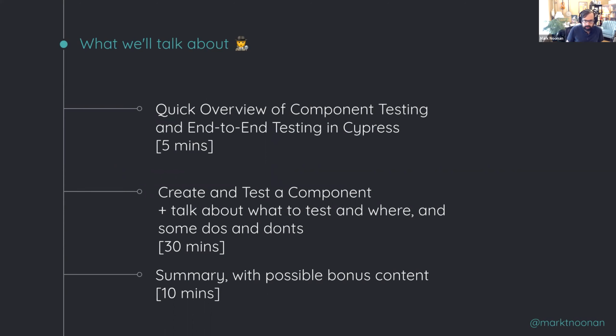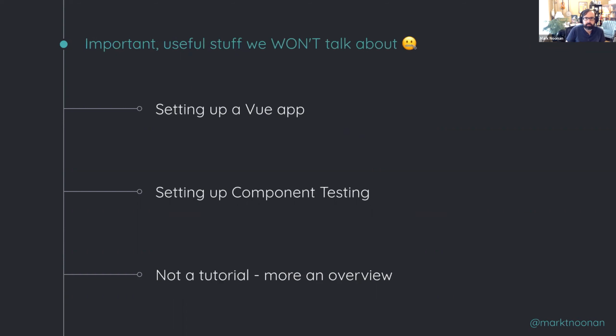Then we'll do some practical work: let's make a component, let's make a test. There's a few ways we can do that, and it can be interactive as we set it up. And then there's a possibility for some bonus content at the end. I have some non-realistic but pretty cool examples that we might be able to get into.